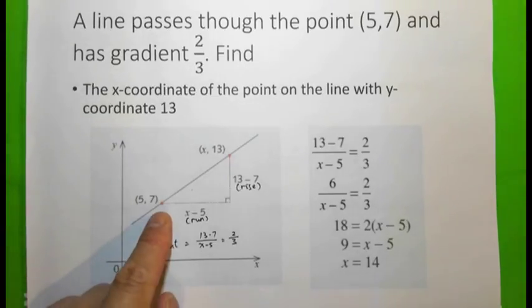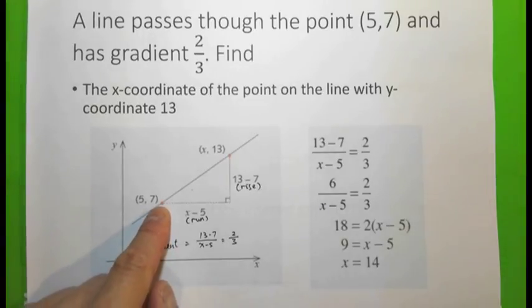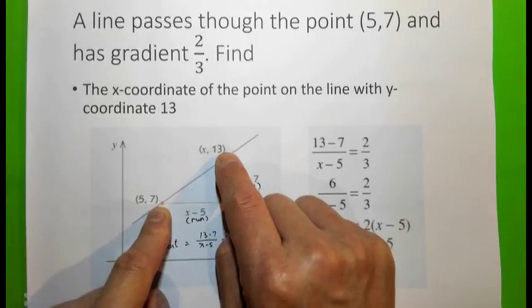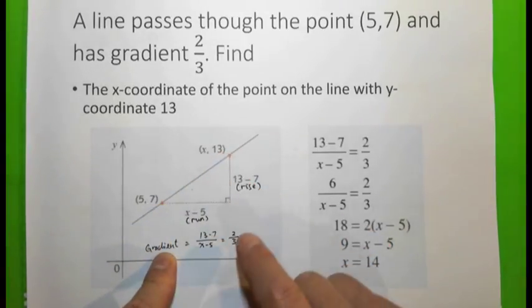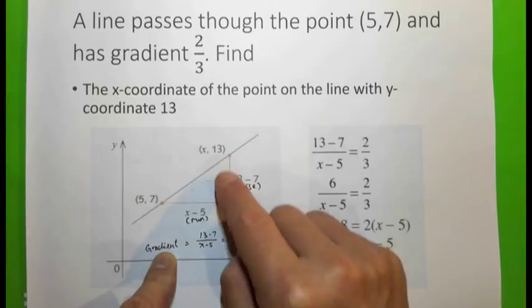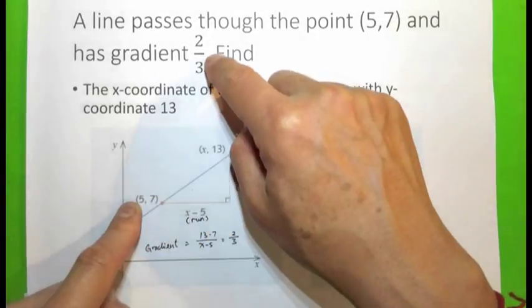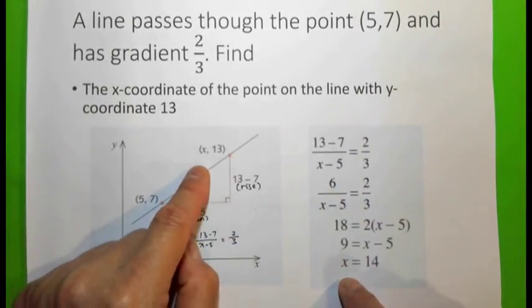We know one of the points is (5, 7). The other one is (x, 13). We know the gradient, the rise over run, which is 13 minus 7 over x minus 5, and that equals 2/3. Rewriting the equation here and manipulating the equation, we found that x is actually 14.